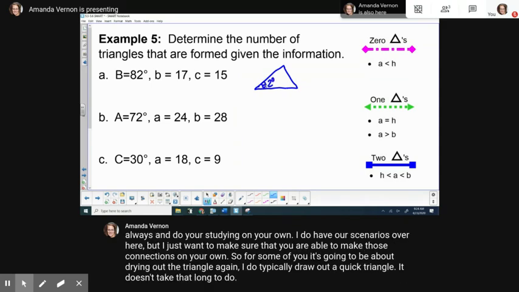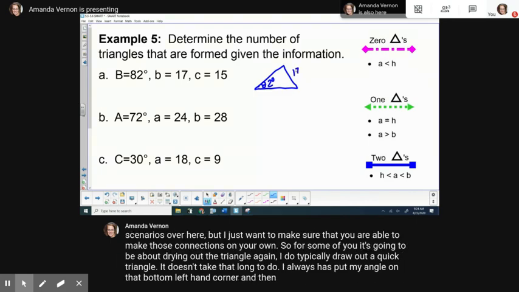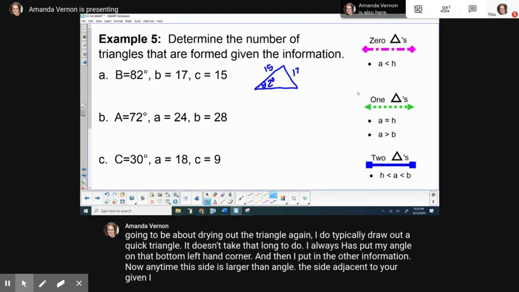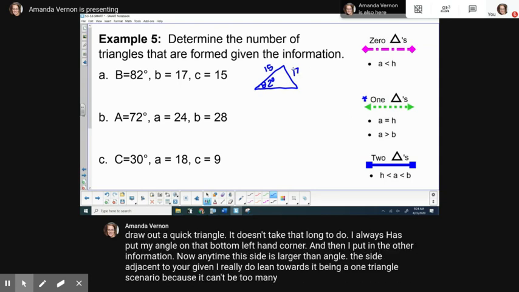I always put my angle in that bottom left-hand corner, and then I put in the other information. Now, anytime this side is larger than the side adjacent to your given angle, I really do lean towards it being a one triangle scenario because it can't be two. Anytime this side is longer, it cannot be two.